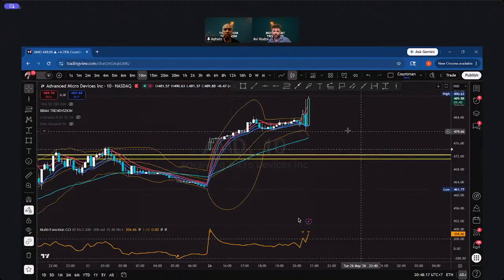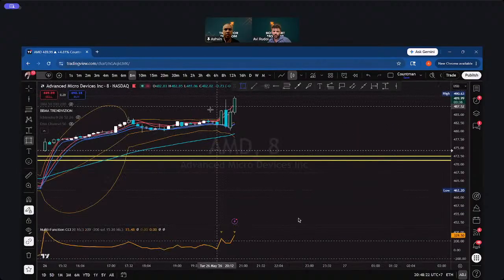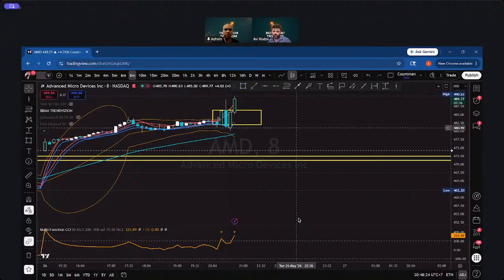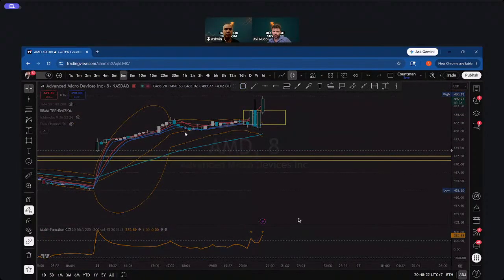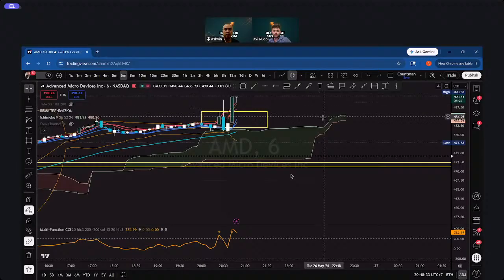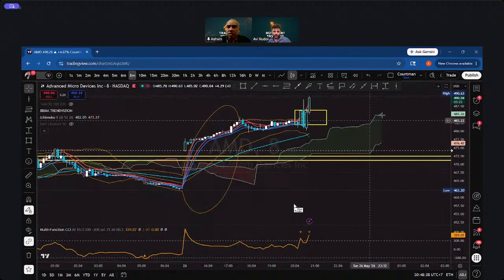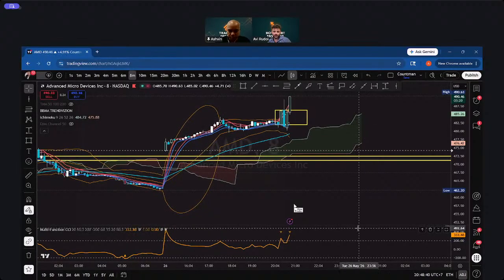Okay, so it pushes down, it pushes back up, pushes down, pushes back up. So if this is AMD, how many more minutes? 3 minutes. Okay, let me check if I can get in on AMD. Crazy.